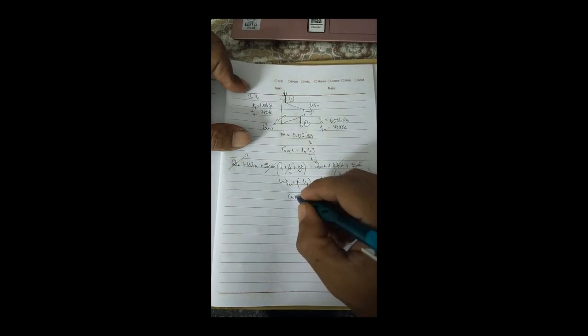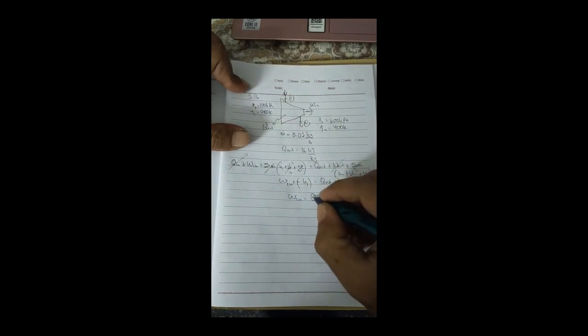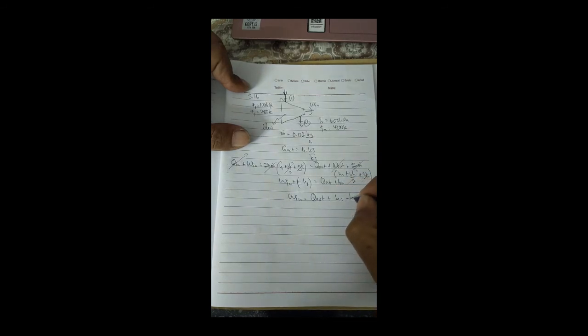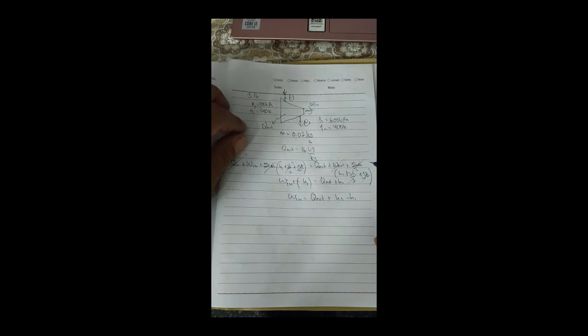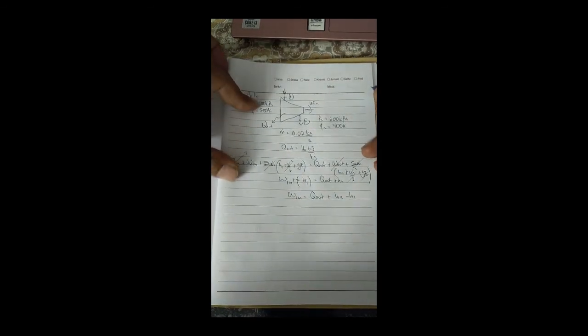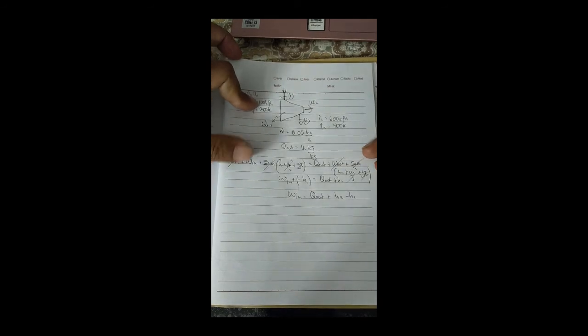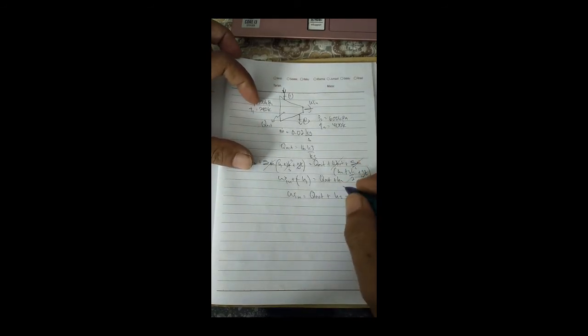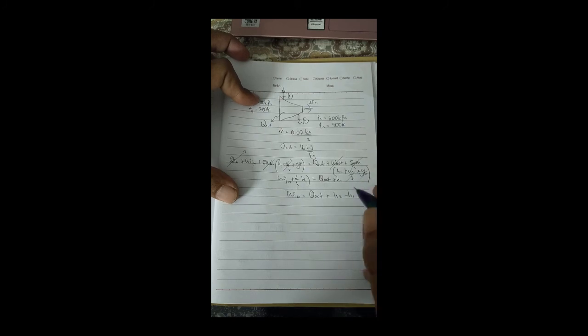Rearranging, work in is equal to Q out plus H2 minus H1. So this is all in kilojoule per kg.